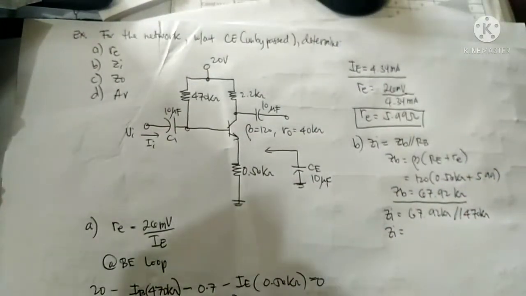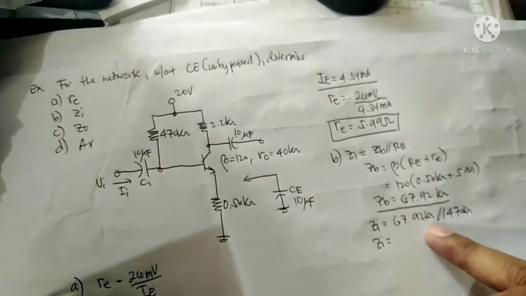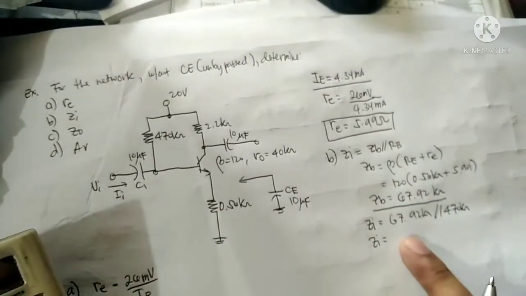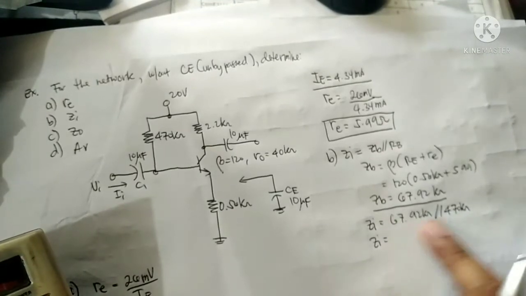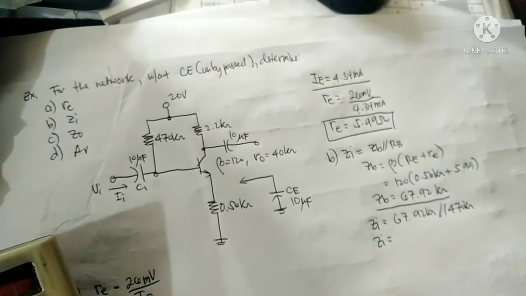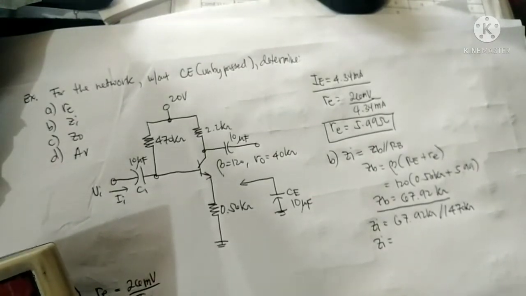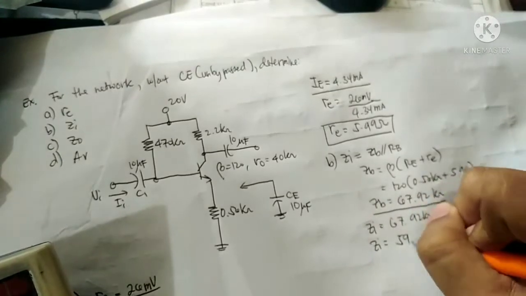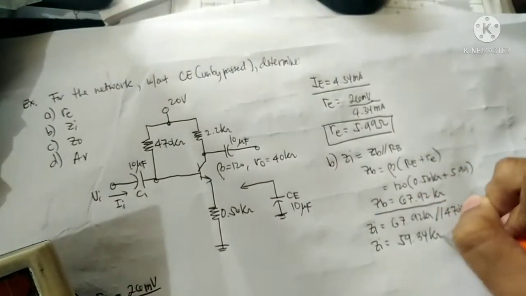Zi is equal to the parallel, 1 over 1 over 67.92k plus 1 over 470k. If it is parallel, the answer should be closer to the smaller value. Which is equal to 59 kilo ohms.